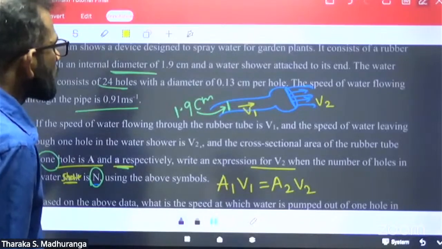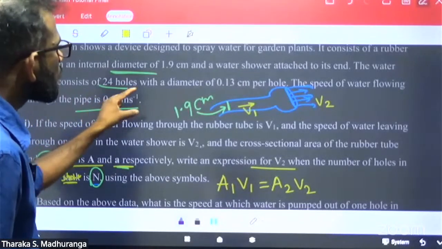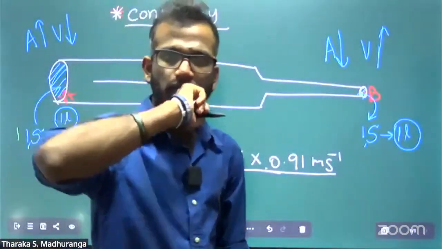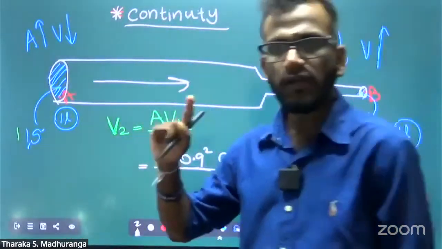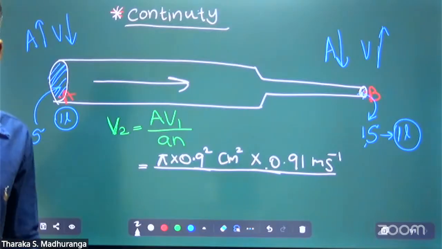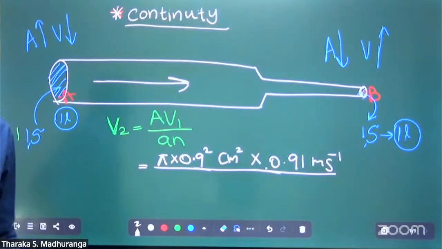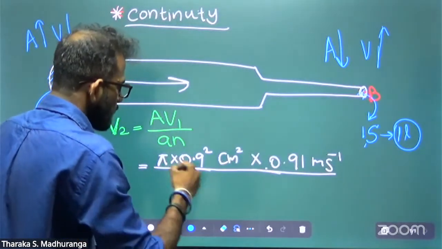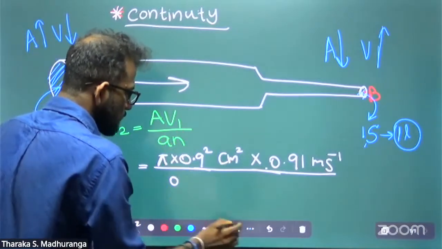And the diameter of one hole is 0.13. Then what is the radius of one small hole? 0.13 is the diameter, so the radius is 0.065.